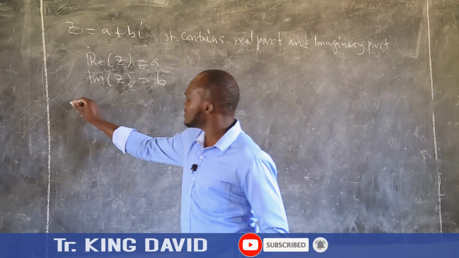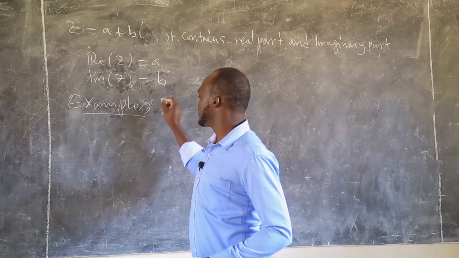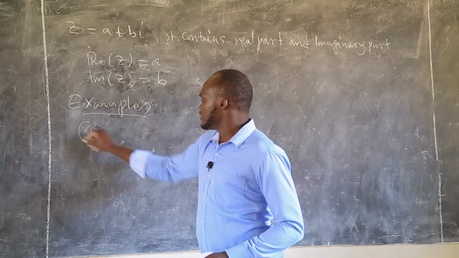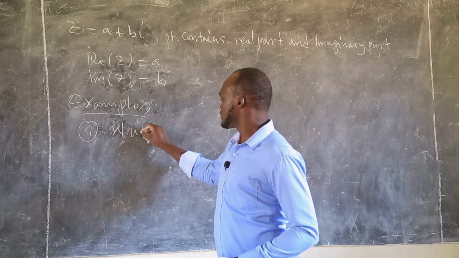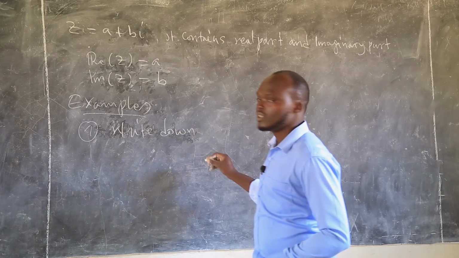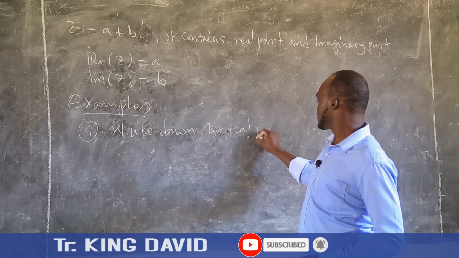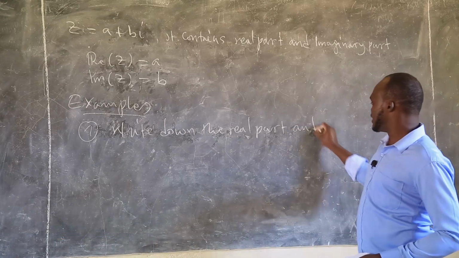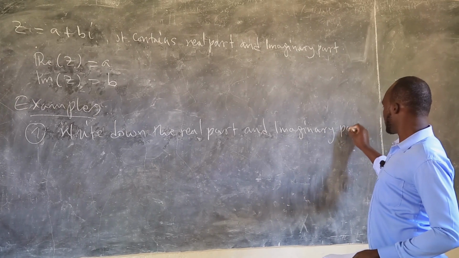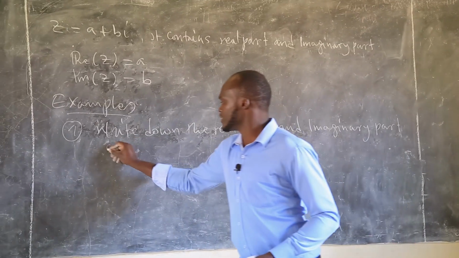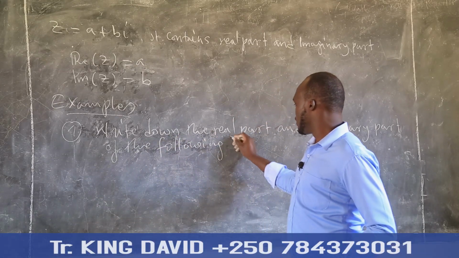So for example, examples here. Number one, write down the real part and imaginary part of the following complex numbers.